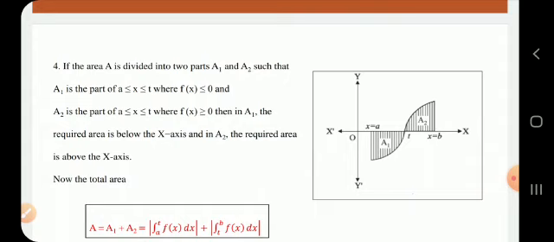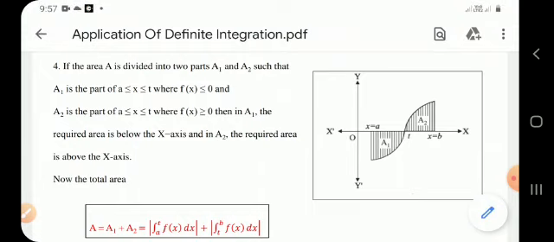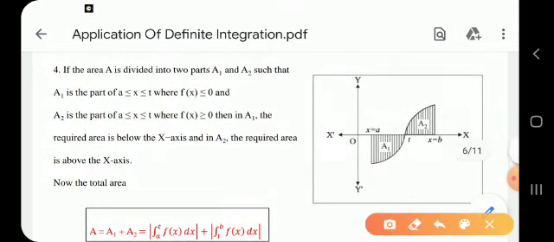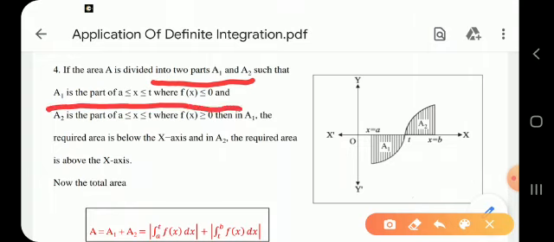Below the x-axis A1 is given, and above the x-axis A2 is given, and this is shaded with lines. If the area is divided into two parts A1 and A2, such that A1 is the part where a is less than or equal to x is less than or equal to t, where f of x is less than or equal to 0, then A2 is the part where we consider t is less than or equal to x is less than or equal to b, where f of x is greater than or equal to 0.